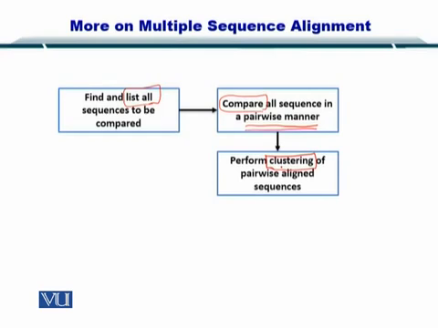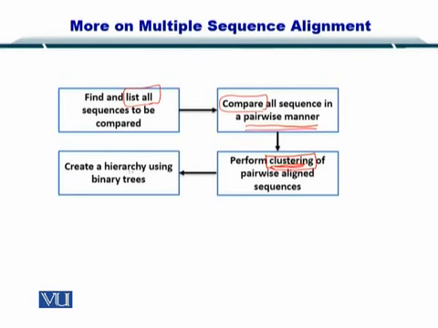In this way, if you have 4 sequences, for example, and you want to have a multiple sequence alignment, then the 2 sequences that are closest will form the first pair, and the other sequences that are closer or similar to each other will form another pair. So this process is called clustering.